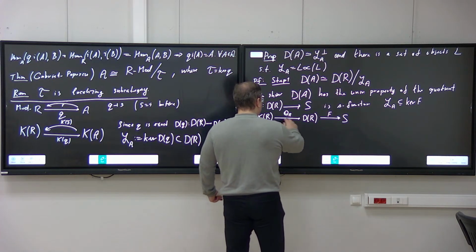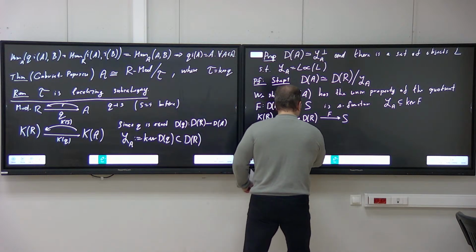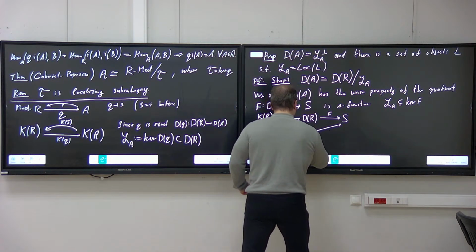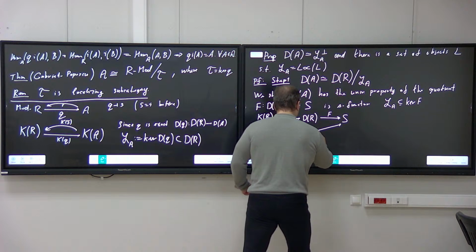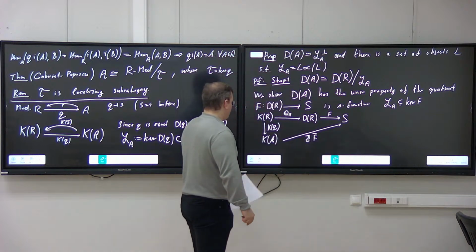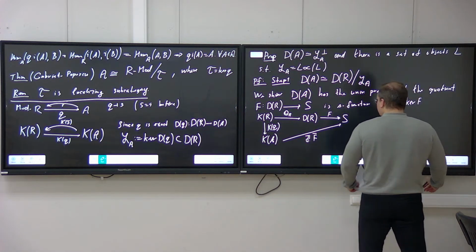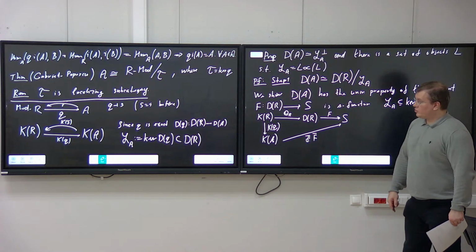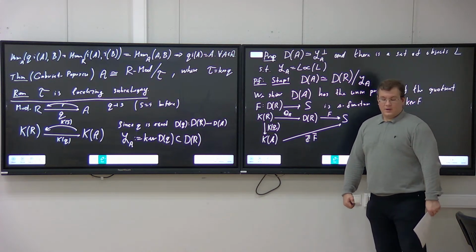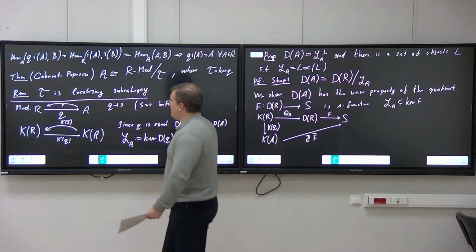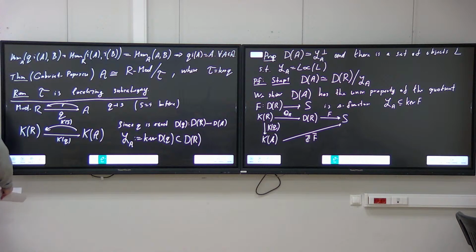Hence, if I look at this composition, I can say that there is a unique functor, which I'm going to call F, maybe with a bar. Why is it a quotient? Because the Q itself is a quotient. And also, we assume that Popescu's theorem holds true, or we are proving it.